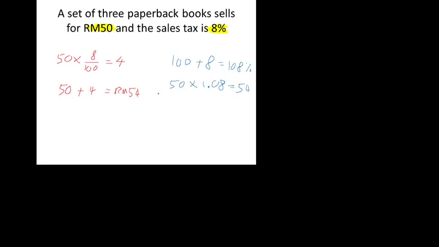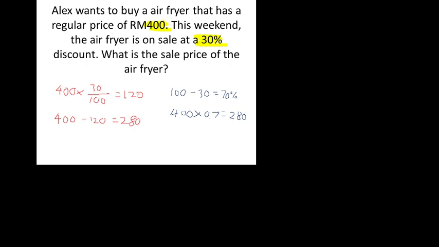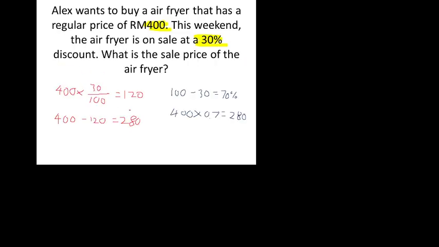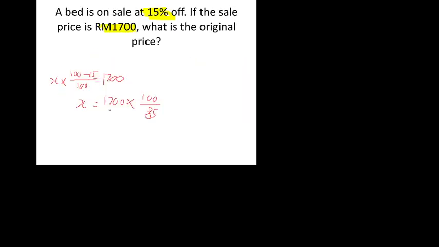Compared to the previous one, where I times 30 over 100, here I times 100 over 85, because this is the discounted amount. If I type into the calculator 1700 times 100 divided by 85, I'll get 2000.